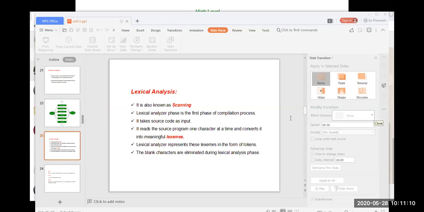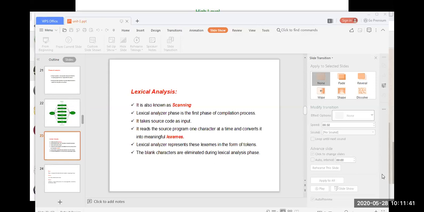First of all, what is a token? How many tokens are there? How can we define the tokens of any language? Okay, 6 tokens are there.